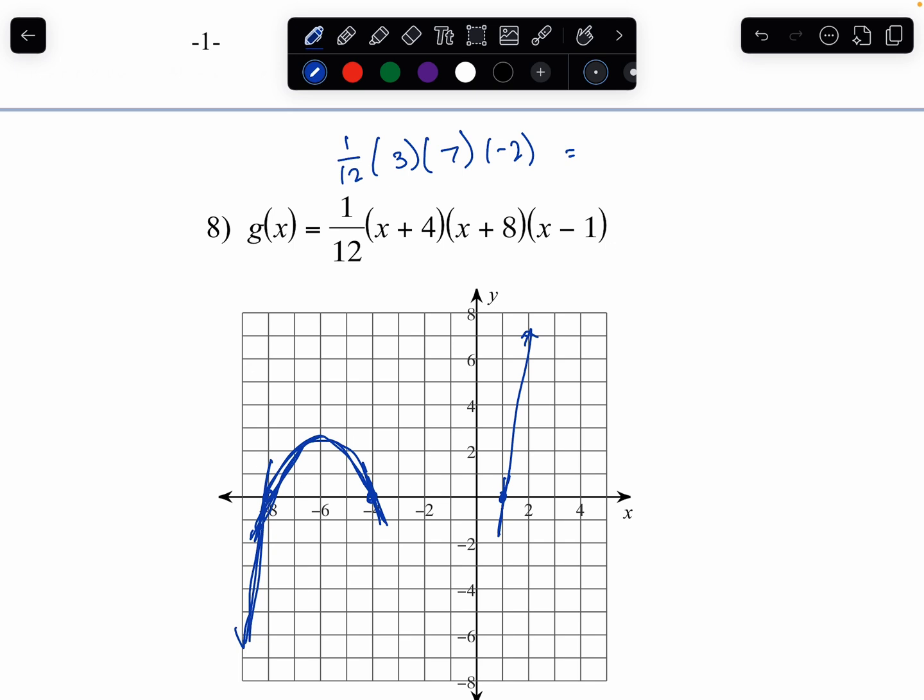Wow, that doesn't sound right. But okay. 6 times 5. Okay, yeah. So -42 over 12. Okay, divide that by 12. So we're going to have -3.5. So at -1, it's going to be -3.5. So like down here. So I'll just say it goes something like that.